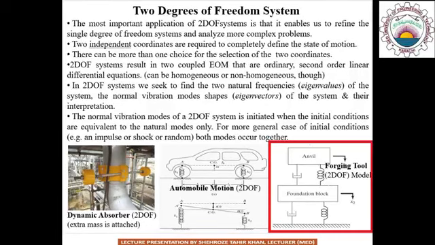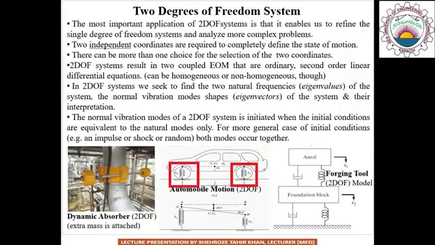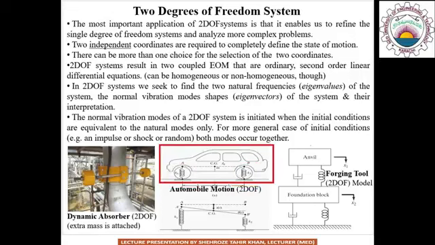Next, we have another example of an automobile in which the stiffness is provided by the two tires as shown in the figure. By considering the car as a whole mass, whose entire mass is concentrated at its center of gravity, there are two possible motions.